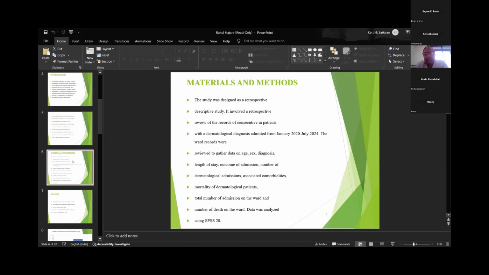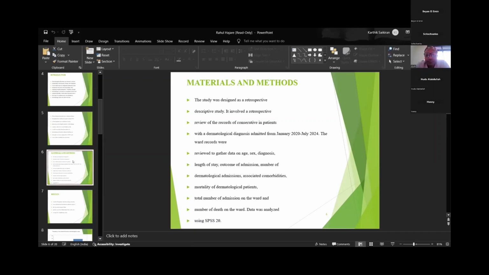Materials and methods. The study was designed as a retrospective descriptive study. It involves the retrospective review of the records of consecutive inpatients with a dermatological diagnosis admitted from January 2020 to July 2024.